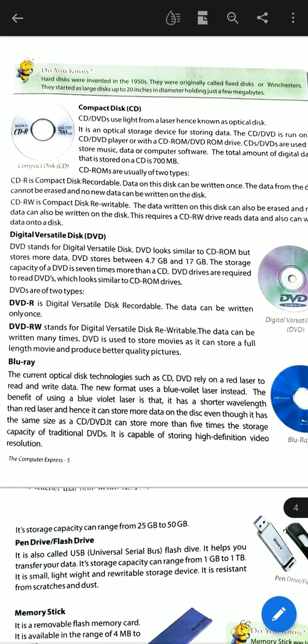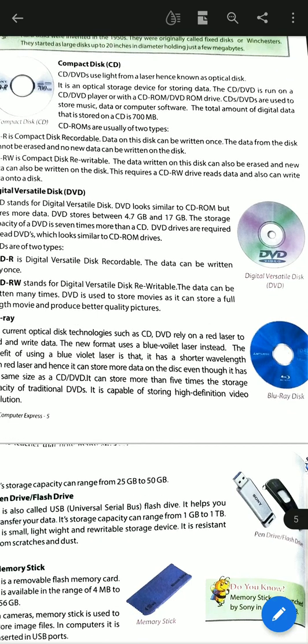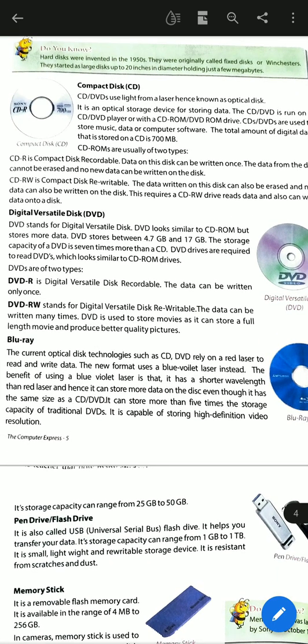Next, digital versatile disk or DVD. DVD stands for digital versatile disk. DVD looks similar to CD-ROM but stores more data. So students, it looks similar to CD-ROM, but it has a higher capacity than a CD.